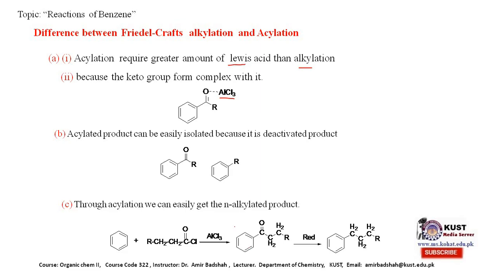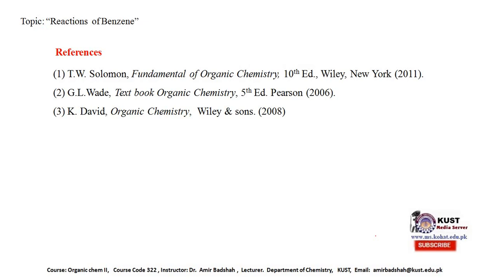But here we can get the straight-chain alkylated product. First this acylation takes place, and then this CO group, the keto group, is reduced to CH2, and as a result we can get a long chain alkylated product, which is possible only through the acylation reaction.